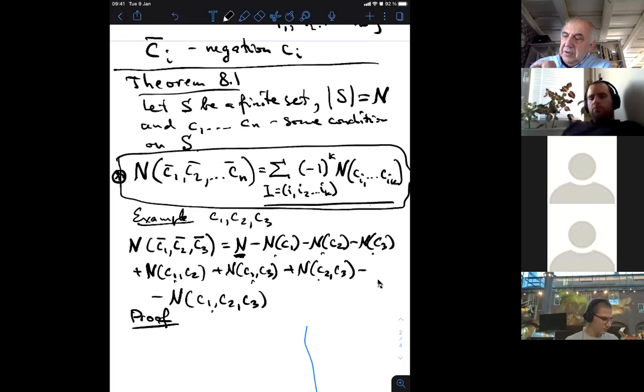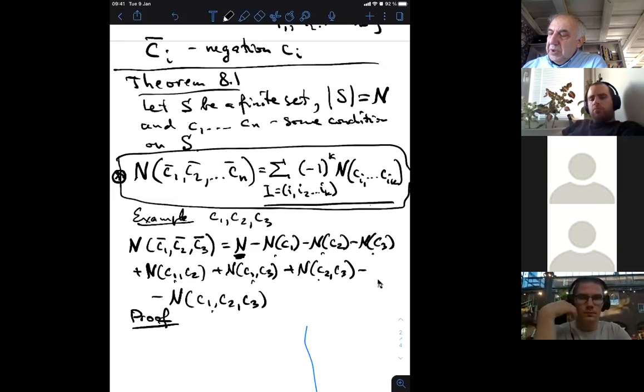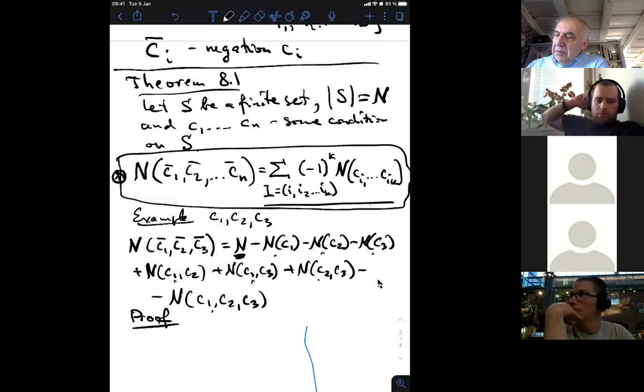So it satisfies just one condition and no other. Well, then it contributes 0 to the left-hand side because it satisfies Ci, and we're only counting those which violate all the conditions. Now it contributes 1 to N because it lies in the ambient set, and it contributes 1 to N of Ci, but with a minus sign. So its total contribution to the right-hand side would be 1 minus 1, 0. It contributes 0 to the rest of the terms.